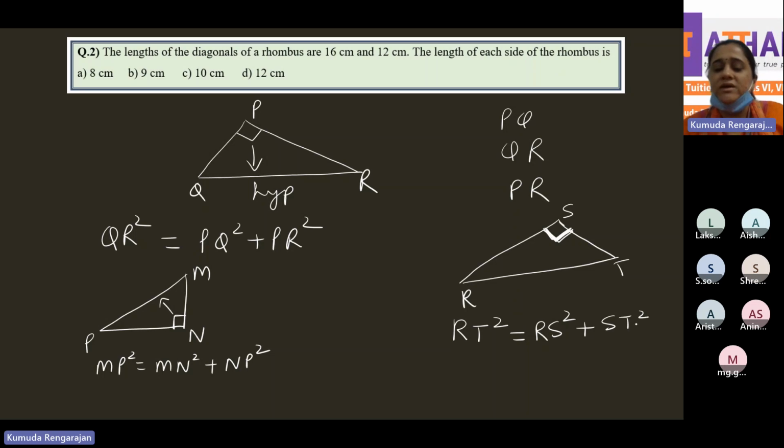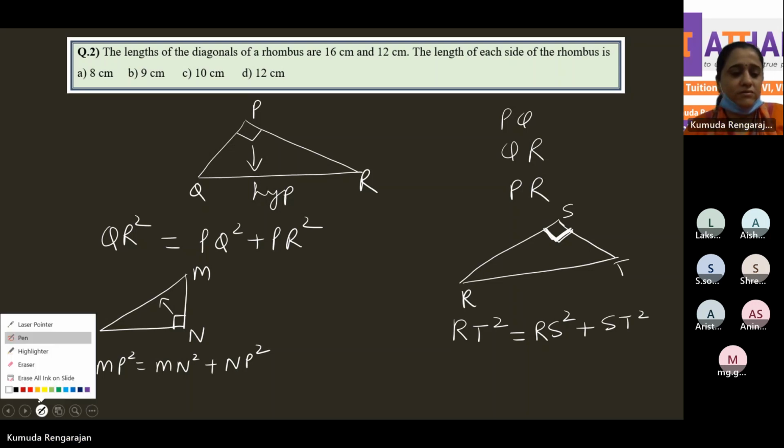RS or SR, both are the same. Similarly, ST square, TS square, both are the same. So this is the result by Pythagoras theorem. All right. So that's what we did here.